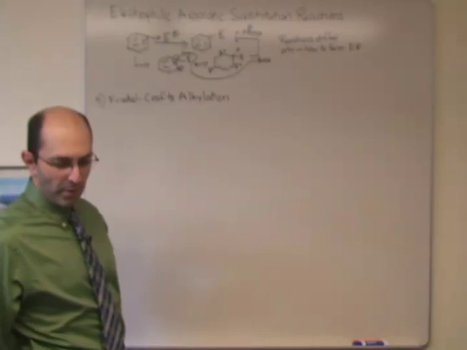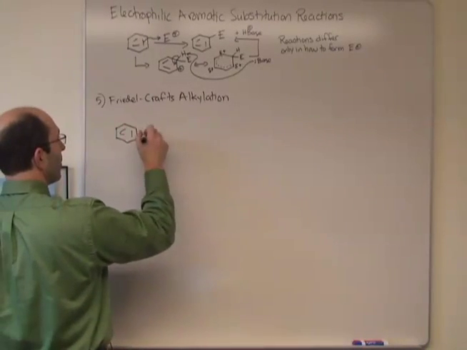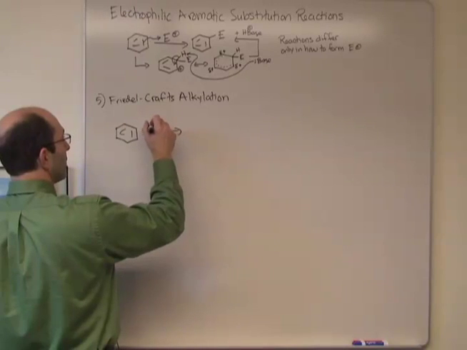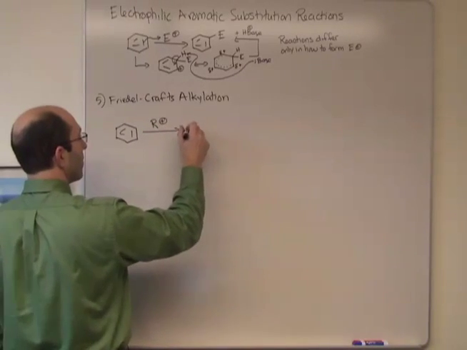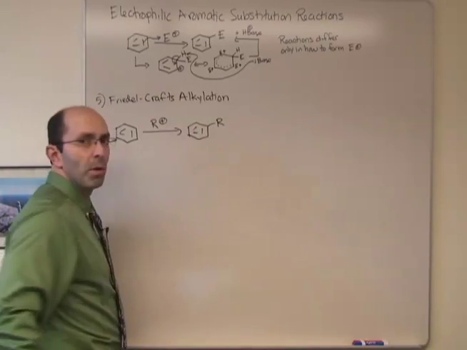And for the Friedel-Crafts alkylation, in its generic form, we're just going to react some sort of carbocation and put that group onto the benzene ring.